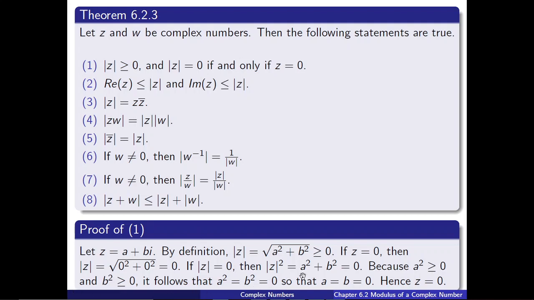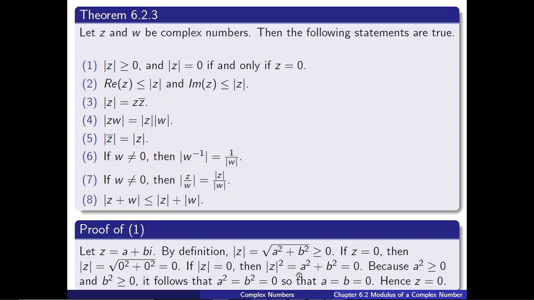And so if we add these two, both greater or equal to 0, and we get 0, it means that a squared was 0 and b squared was also 0. And so therefore if a squared is 0, a is equal to 0. If b squared is 0, b is equal to 0.